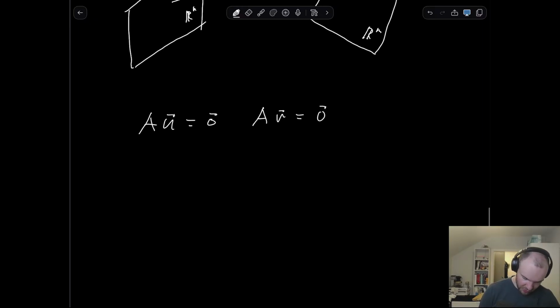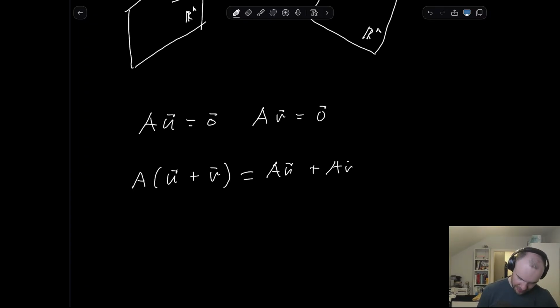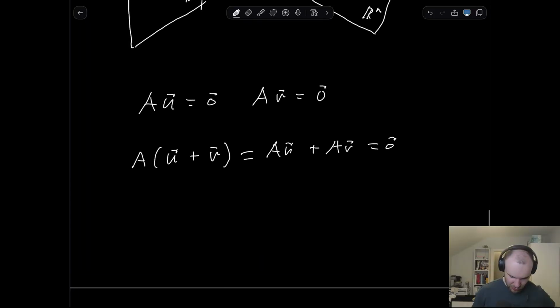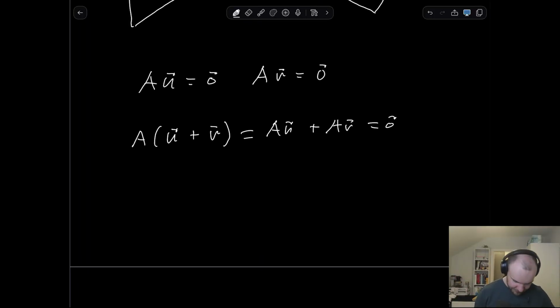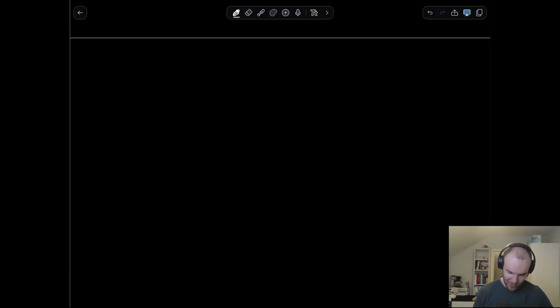If I add those two, I have Au plus Av, which is just 0, so you're still in the same space, and the same goes for multiplication by a scalar. And 0 is in the null space, because if 0 is the vector, we get 0. So it's a subspace, and that's why we call it a space.